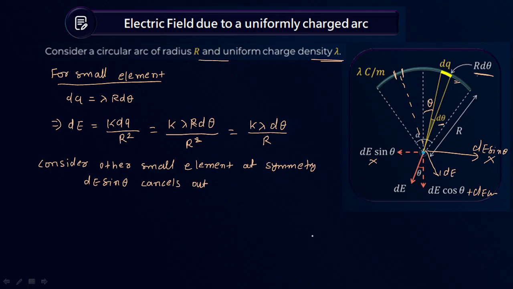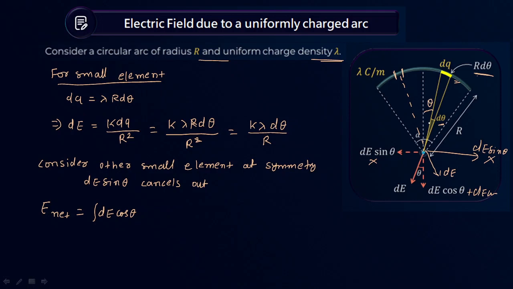So now we can write E net at the center equals the integration of dE cos theta only. And from where to where? Again, the limit is very important.